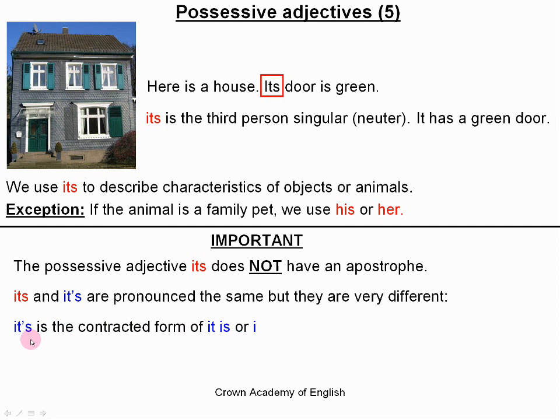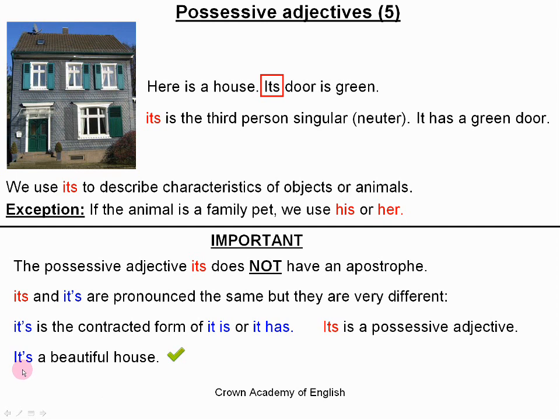Its with an apostrophe is the contracted form of it is or it has. But its without the apostrophe is a possessive adjective.